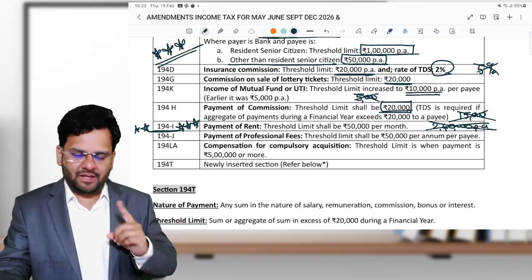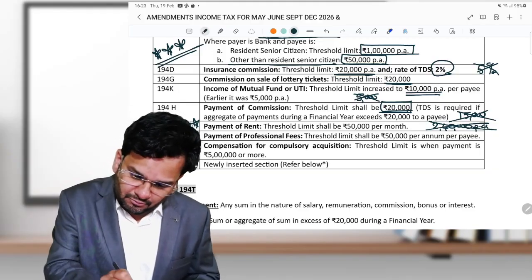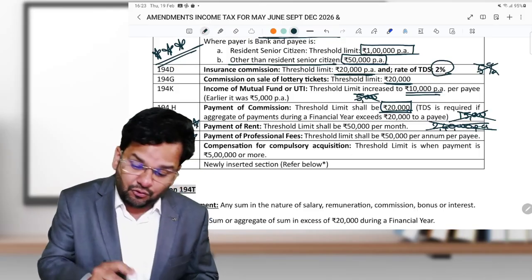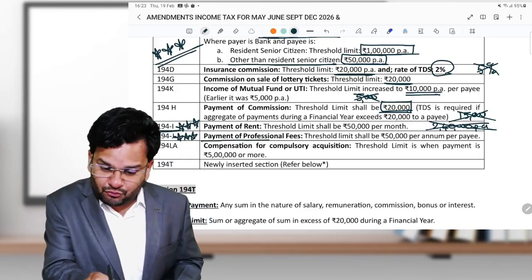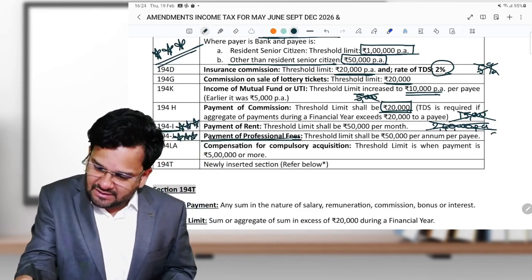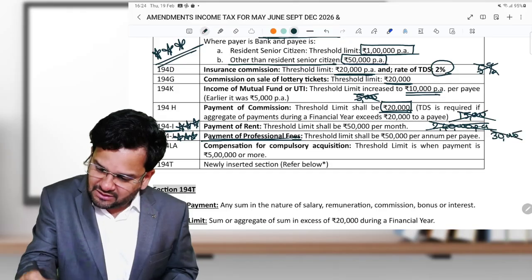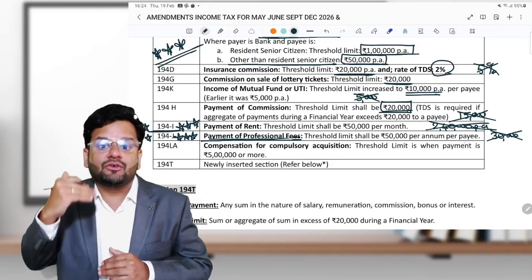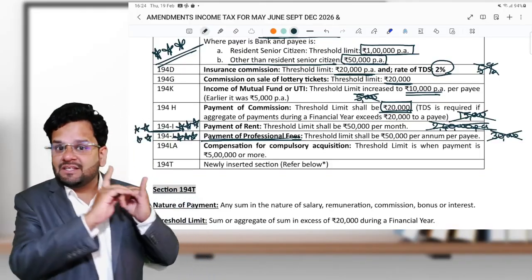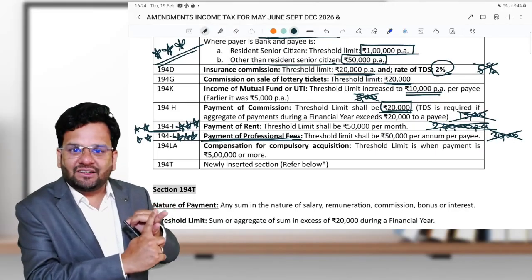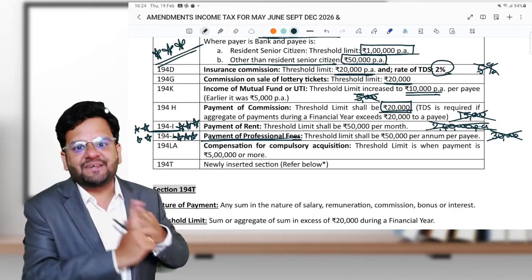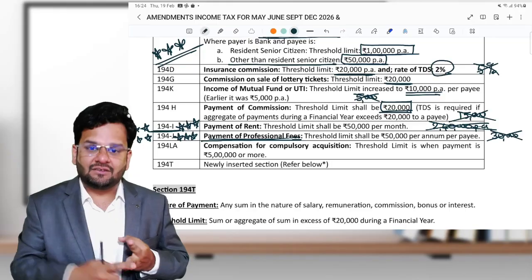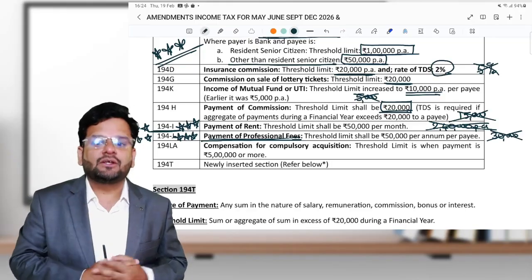Okay, then again I would give 5 stars to next one, 194J, payment of professional fees. Earlier the threshold limit was rupees 30,000 per annum for each nature of payment. Each nature of payment means professional fees, fees for technical services, royalty, non-compete fees.